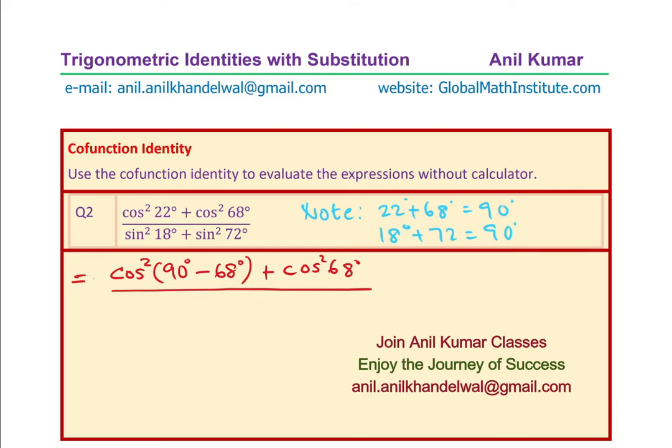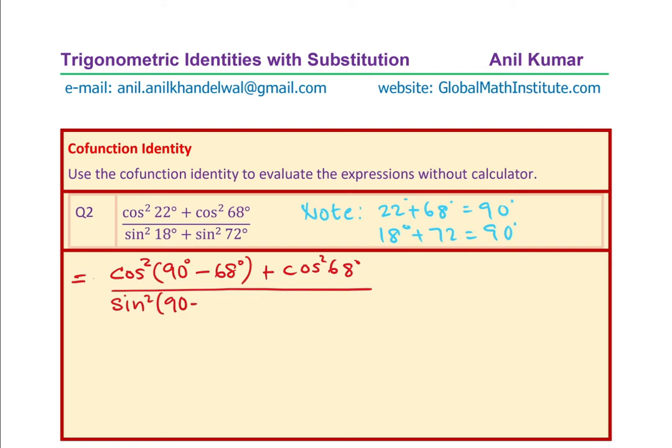So the denominator now becomes sin square 90 minus 72 degrees plus sin square 72 degrees. So cos square 90 minus 68 is becoming sin square 68, correct?